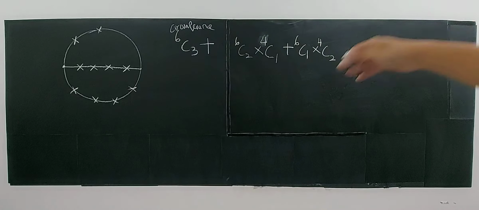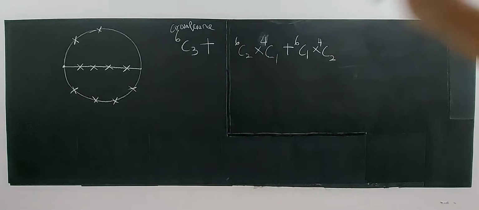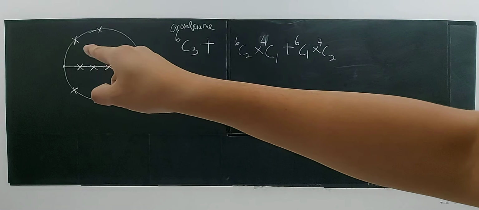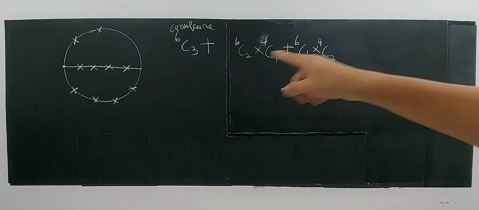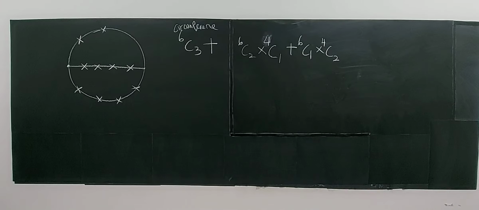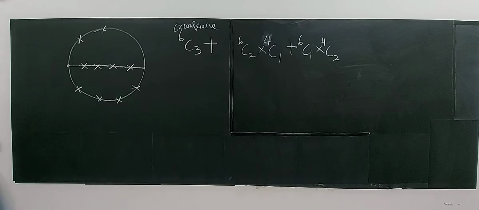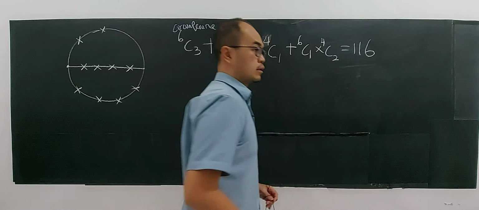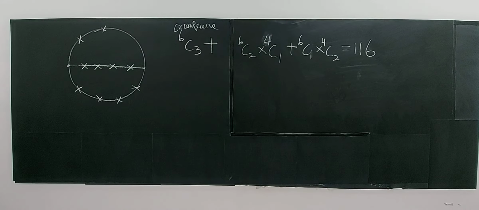Any more possibility that can form a triangle? Definitely cannot choose 3 from the diameter. Alright, let's see what the answer is, which gives you 116 triangles that can be formed.